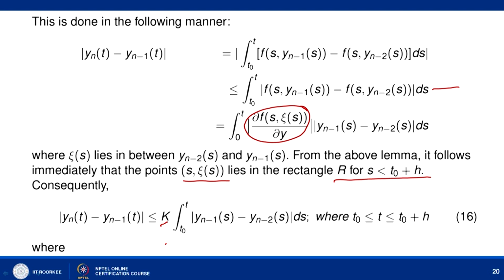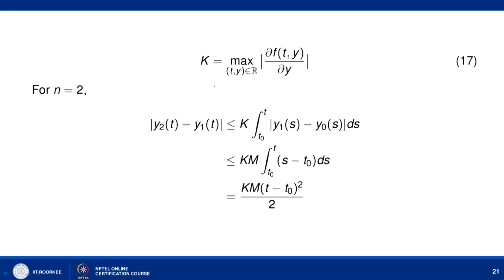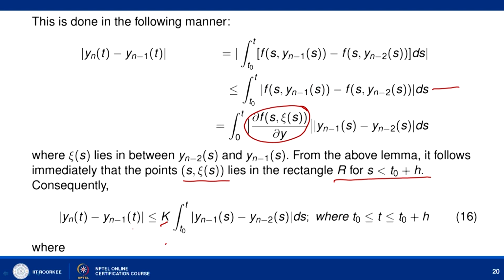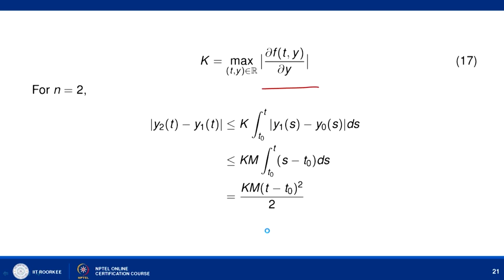Here k is the maximum of this quantity over the rectangle R, so we have defined k. If we are using the Lipschitz condition, then k is the Lipschitz constant. Looking at the recursive relation, yn(t) minus yn-1(t) is less than or equal to k times the integral from t0 to t of yn-1(s) minus yn-2(s), let us define it for n equal to 2.